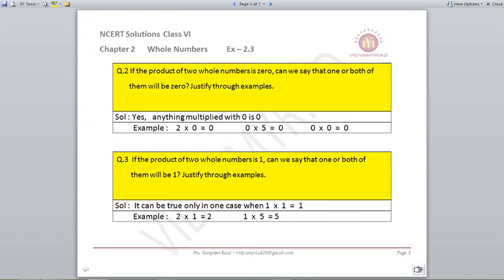So I will say that only in the case when both the numbers are 1, that is 1 multiplied by 1, only then my answer will be 1. In other cases, if you are multiplying 1 with any number, the answer will be the number itself.